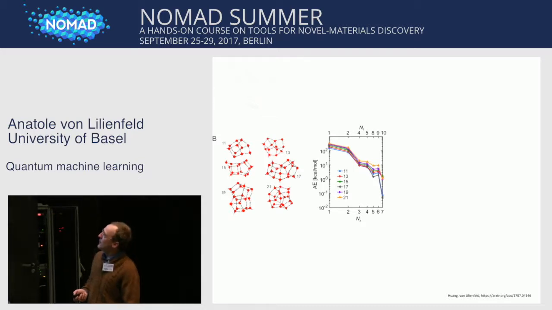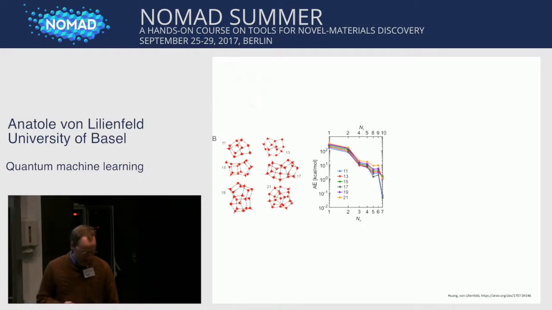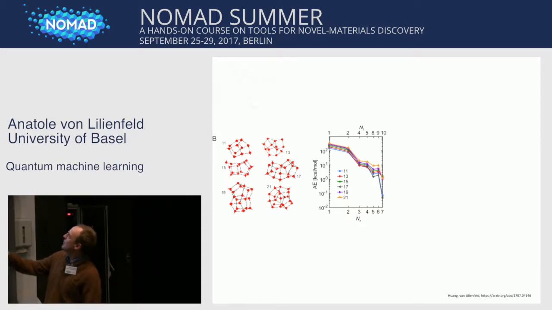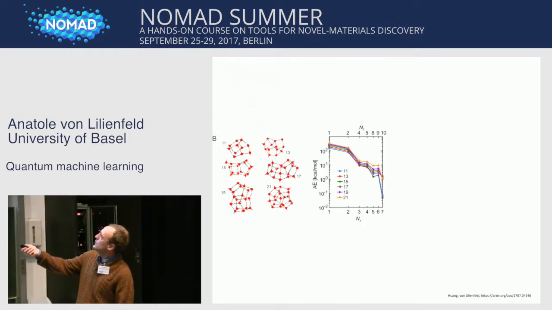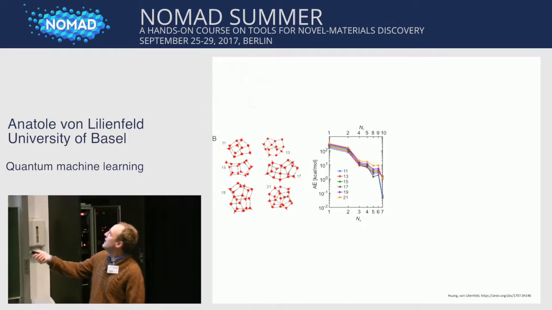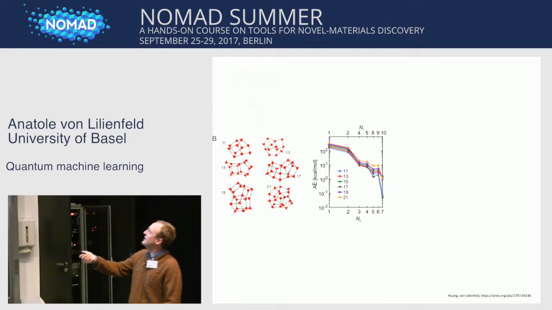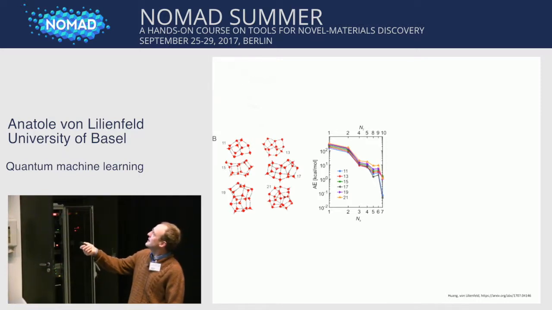Now, we can also apply this to intermolecular interactions, and these are water clusters with from 11 to 21 waters, which we predict, and we use as a training set water clusters with up to 10 water molecules.